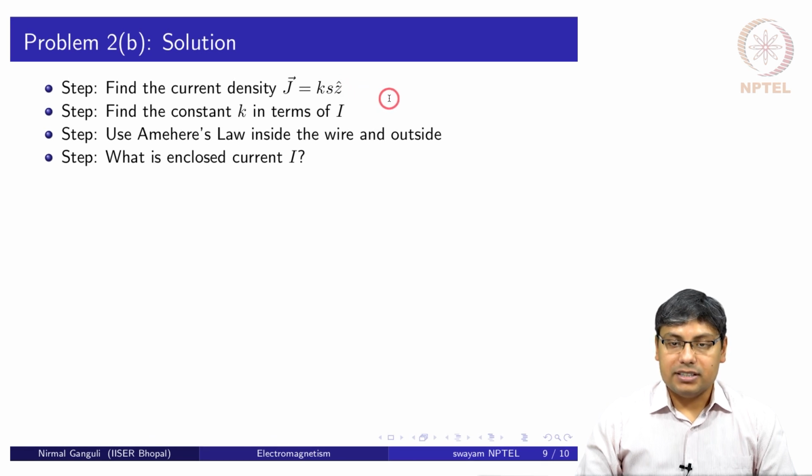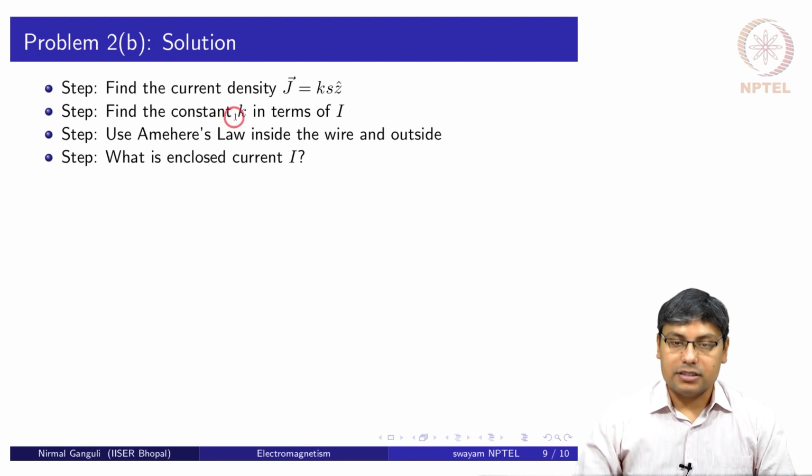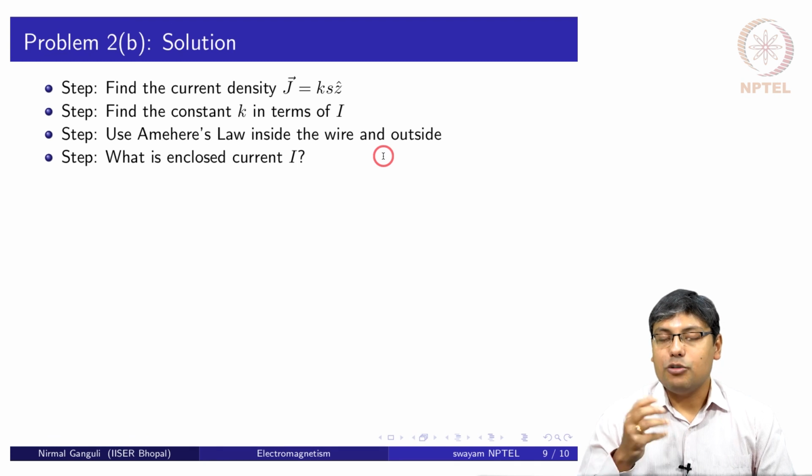And if we have this kind of a current density, then the steps that you are supposed to follow is to find the constant K in terms of I, because I is given and K is something you have assumed, and then use the Ampere's law inside the wire and outside, and then evaluate exactly how much current is enclosed and accordingly find the magnetic field.